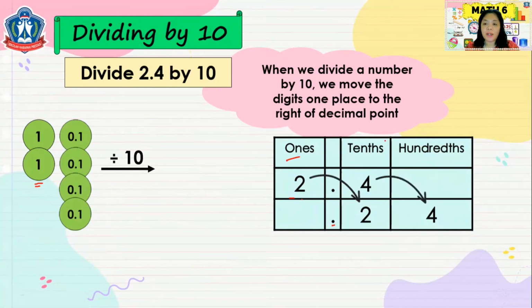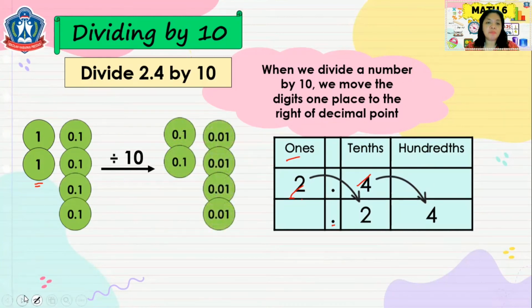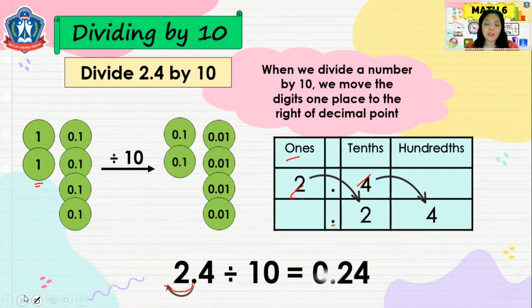Then the digit 4 from the tenths will move to the hundredths place. So no more 2.4. It becomes 0.24. So 2.4 divided by 10, we move this decimal point one place to the left. So that is equal to 0.24.